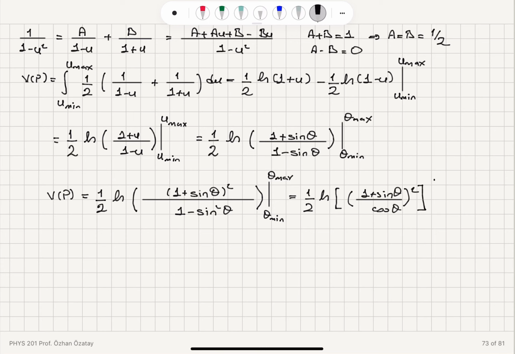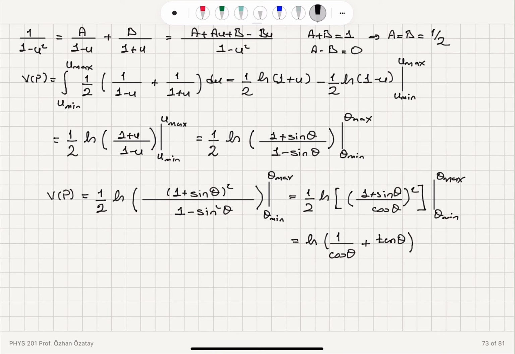Okay? And this will be evaluated between theta minimum and theta maximum. So this square term will come out of the natural logarithm and get rid of the 1/2, and I will be left with natural logarithm of 1 over cosine theta plus sine theta over cosine theta, which is tangent theta.